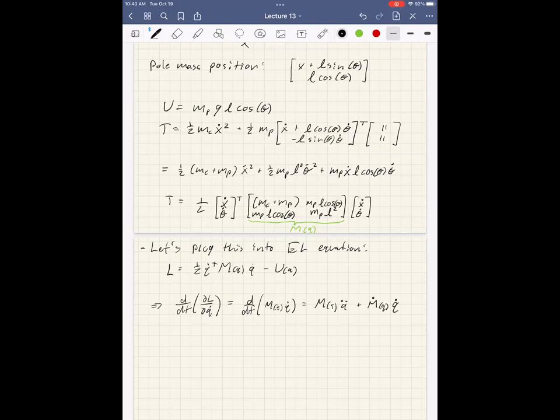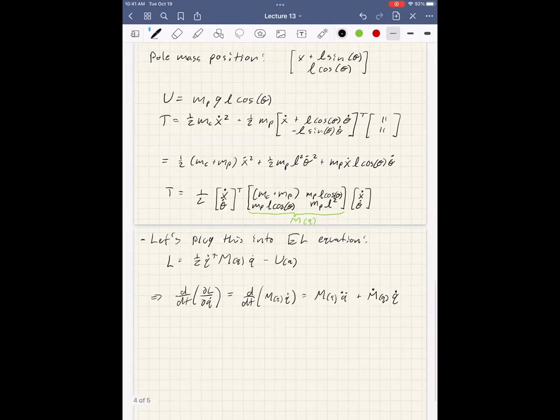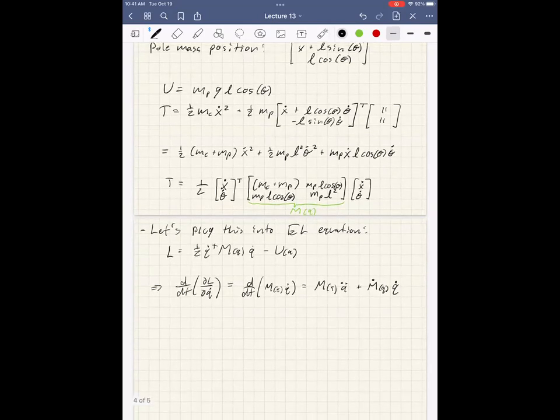Something to mention is that if m is a constant, I only get the first term. If m is a function of q, not constant, then this extra term pops up, right? Okay, so that's cool.